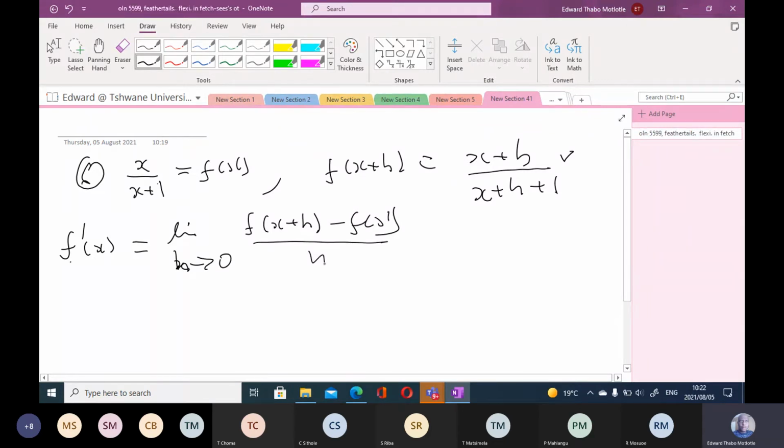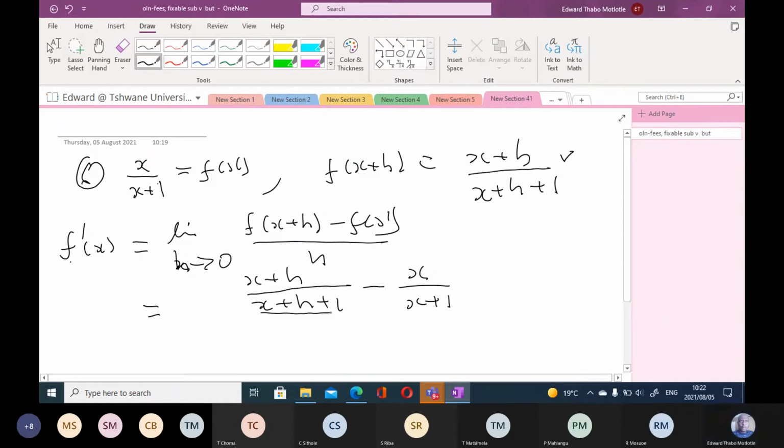So now I'm going to substitute: we have (x plus h) over (x plus h plus 1) minus x over (x plus 1), all over h, and then here we have the limit as h approaches 0. I'm used to x, so bear in mind for me there.